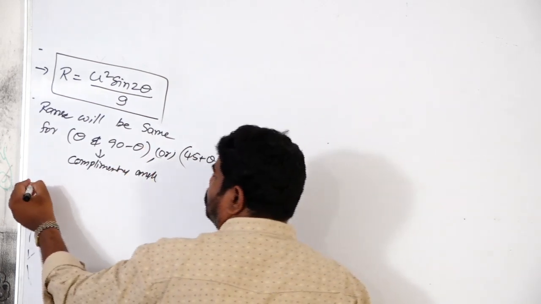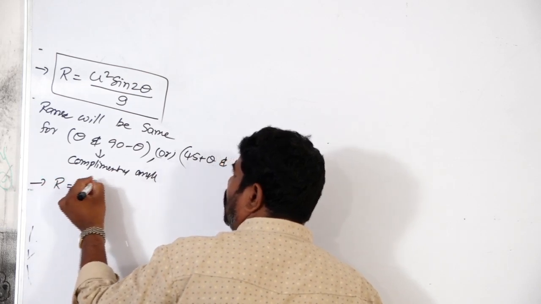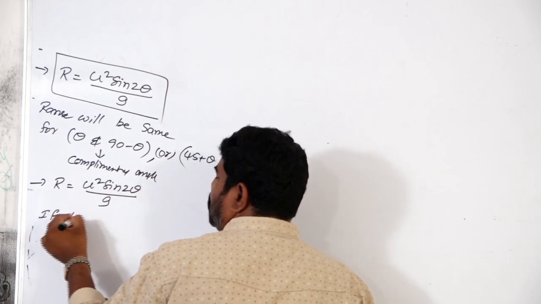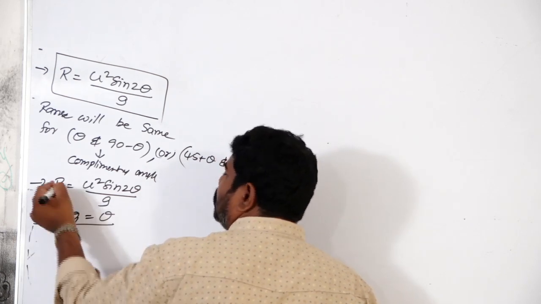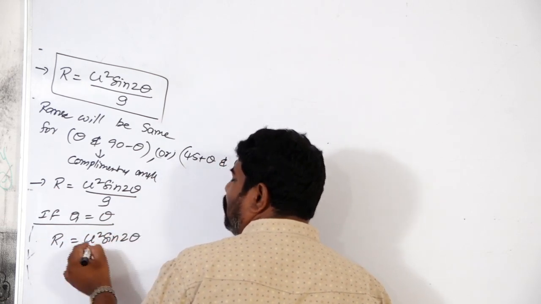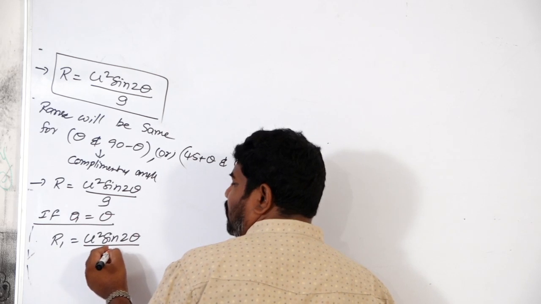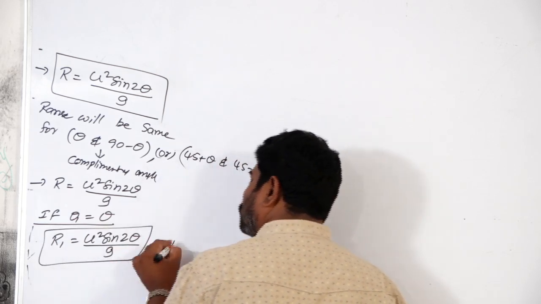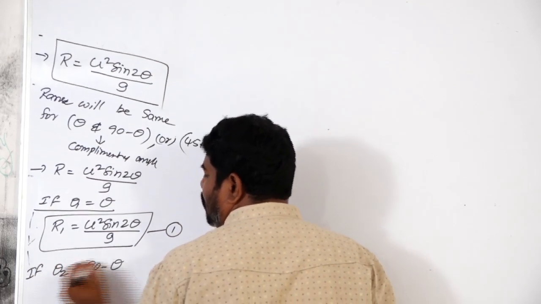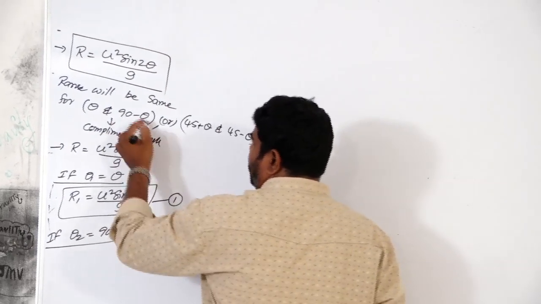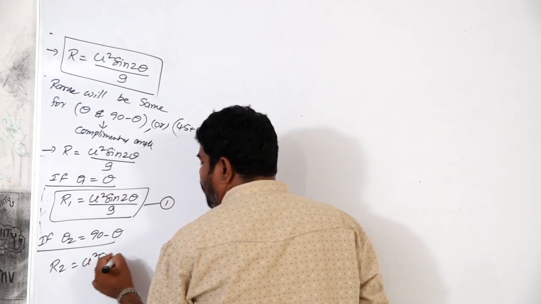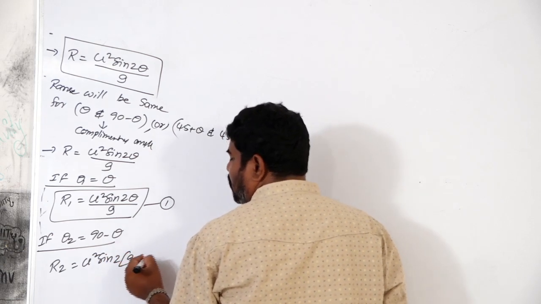For example, R is equal to U square sin 2 theta by g. If theta 1 is equal to theta, then R1 is equal to U square sin 2 theta 1 by g, and theta 1 is nothing but theta, so R1 is U square sin 2 theta by g. This is equation number 1. If theta 2 is equal to 90 minus theta, substitute: R2 is equal to U square sin 2 theta 2 by g, with theta 2 is 90 minus theta.